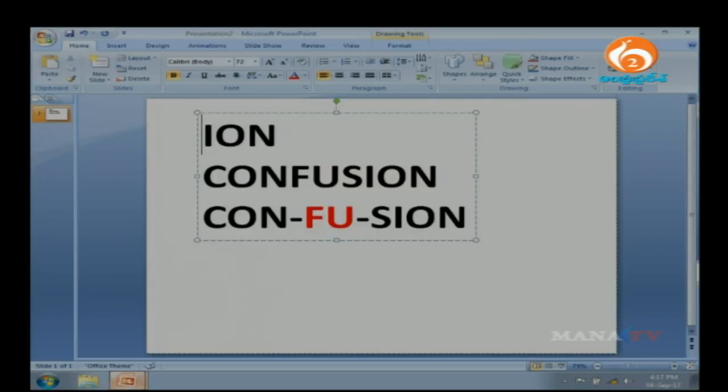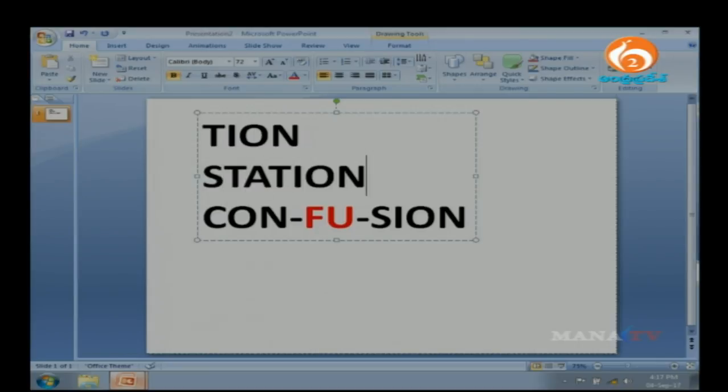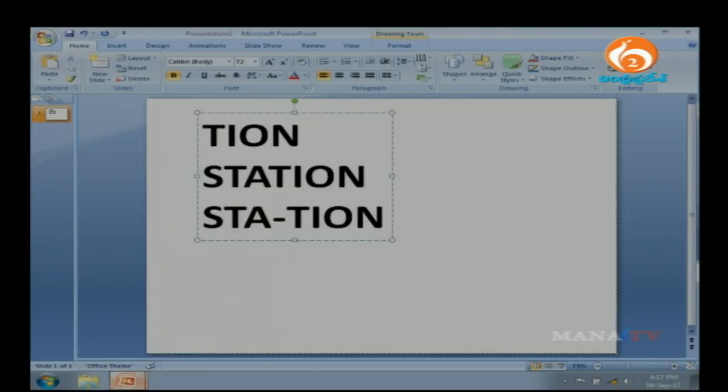Then I have the word ending TION, station. So two syllables, station. I will focus on the second last syllable. Confusion, station, lotion. If I have more than two syllables, say for example rotation, how many syllables do I have? Rotation.